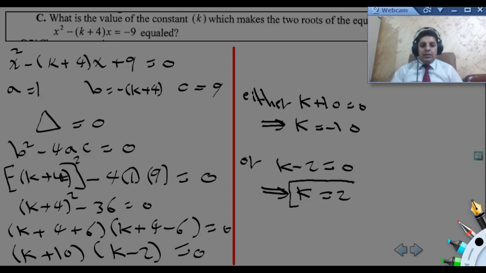That is, the values of k are 2 and negative 10. That is the answer of this question.